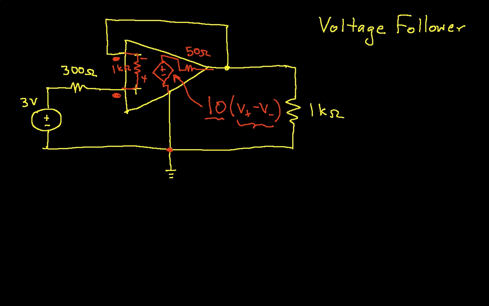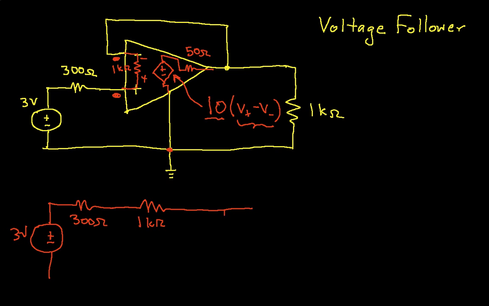So in order to make the analysis seem clearer, though, let's redraw the circuit as follows. We'll keep our 3 volt source. We still have the 300 ohm resistor. And now we'll draw the 1 k ohm internal resistance. This is still 300 ohms. And this will get connected at some point to the output of our voltage source, our dependent source. So this is 50 ohms, and this is 1 k ohms.